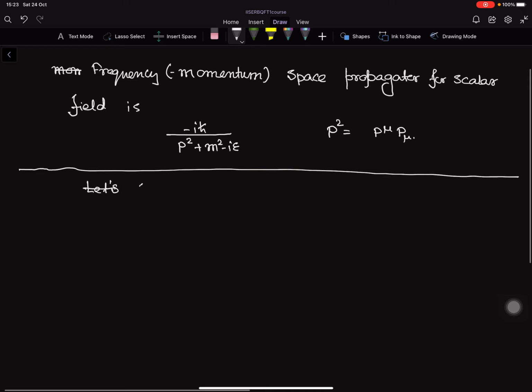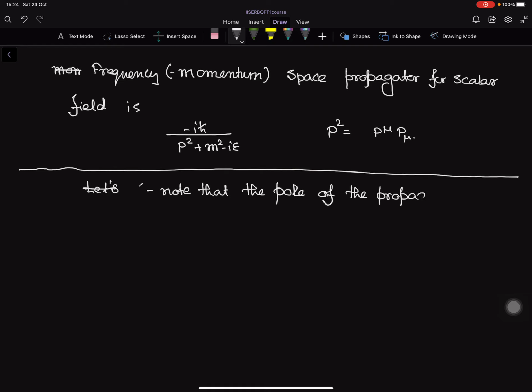First note that the pole of the propagator is controlled by the energy momentum relation.